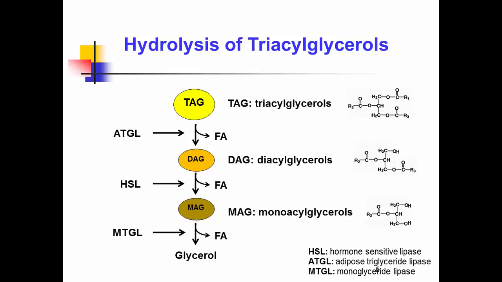Basically, we have 3 enzymes: ATGL, adipose tissue triglyceride lipase, hormone-sensitive lipase, and monoglycerol lipase. So 3 lipases are involved in the lipolysis process.